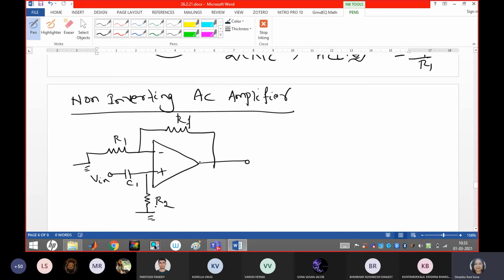So we have to use one compensating network, or one additional circuit component, by adding the capacitor C3, which may help to block the DC component fully. I will show you what the additional circuitry will be.